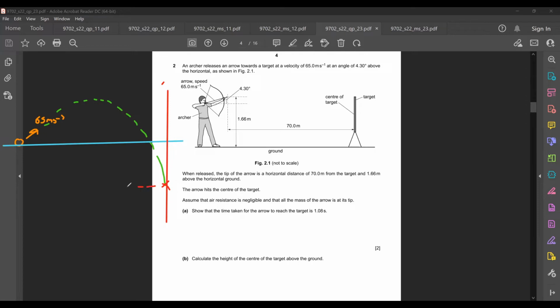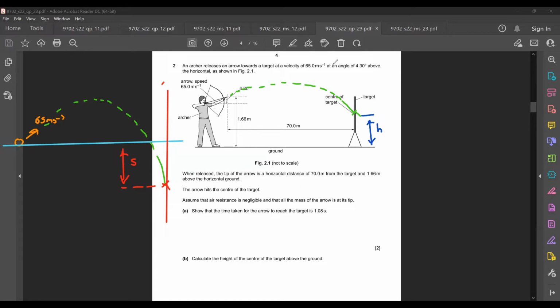So if you can find out the displacement here, you can actually find out where would be the height. Because just now, if you projected your arrow like this, it hit here, they basically just want this height.